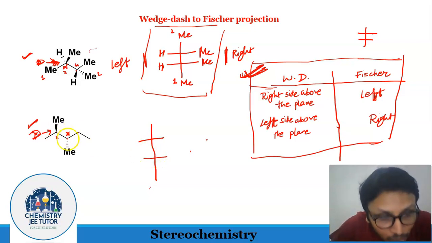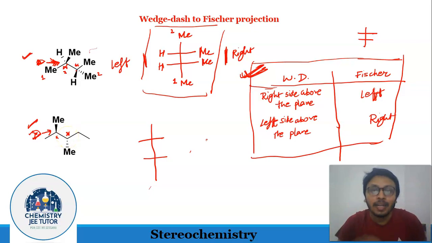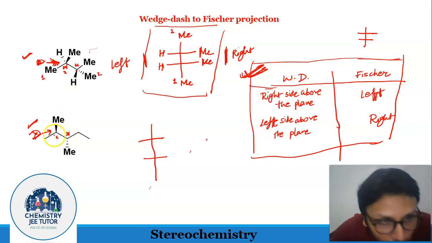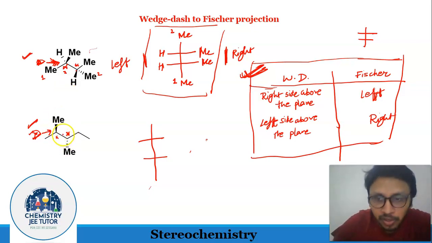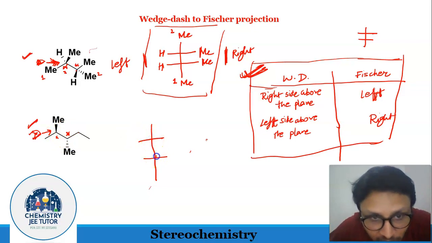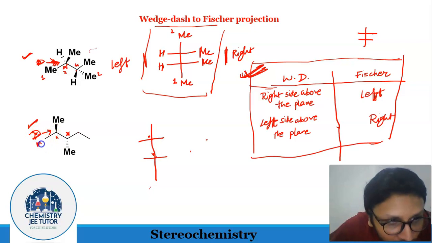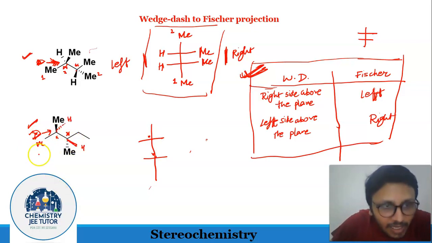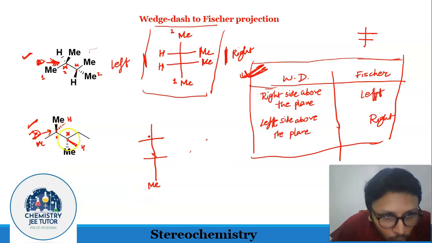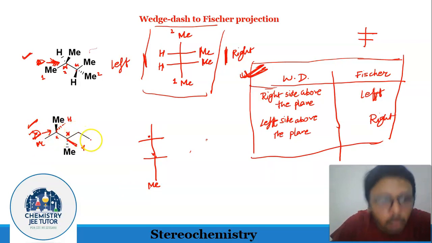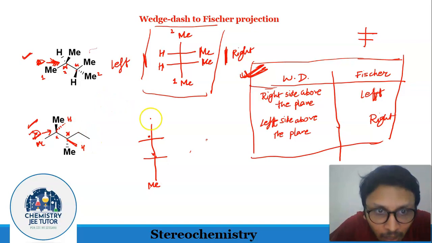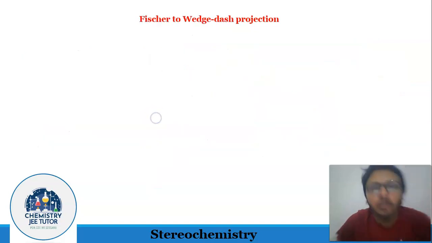But as soon as it has a substitution, it enters into the intersection. Here there are two substituted carbons, so there are two intersections in a Fischer projection, this one and this one. So seeing through here, it is a methyl. So methyl goes below. We go through this 1, 2 and 3 position, and we have a CH2Me, that is, we have ethyl above. This is how we write.